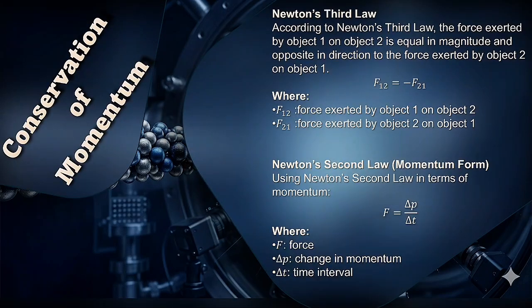Conservation of momentum. We start with Newton's third law, which states that for every action there is an equal and opposite reaction. Therefore, the force exerted by object 1 on object 2 is equal and opposite to the force exerted by object 2 on object 1. And here we have Newton's second law.